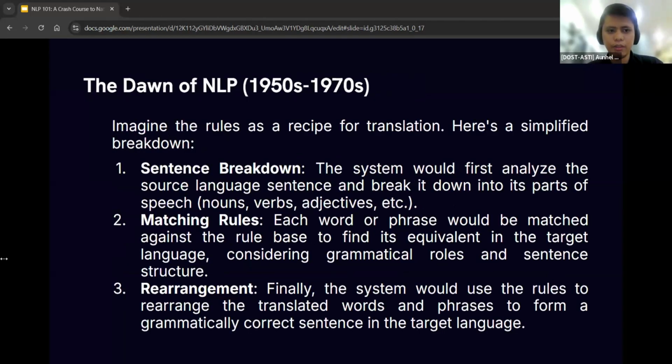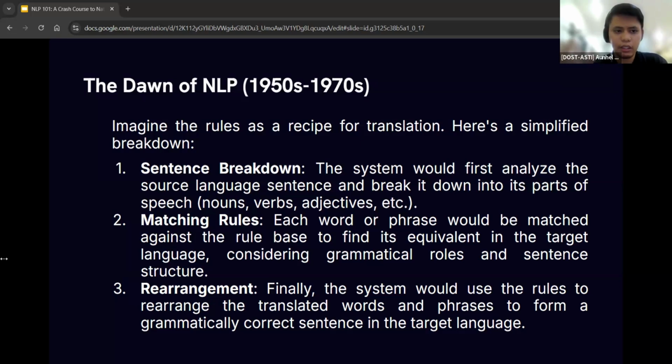Now, imagine the rules as, think of it like a recipe. Okay? So first, the system would analyze the source language sentence, and then it breaks down its parts of speech. So where are the nouns, where are the verbs, the adjectives, things like that. Then we do matching rules. Each word or phrase would be matched against the rule base to find its equivalent in the target language.